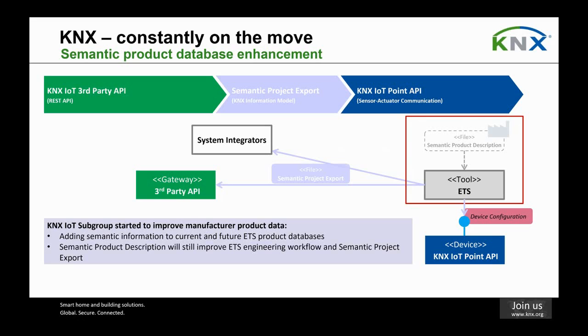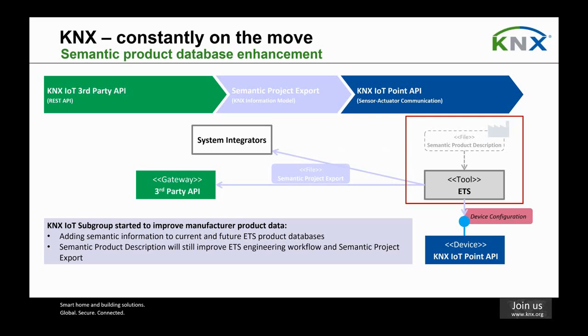That's why the manufacturers have decided that we are going to work to extend the semantic product description that is available as part of the product data, or maybe as an extension to the current product data. So that when the system integrator configures a product in ETS, this semantic data is already there.